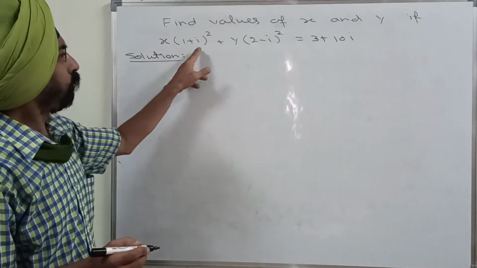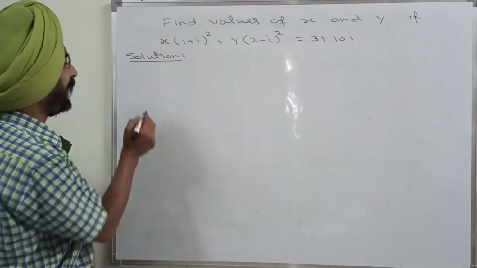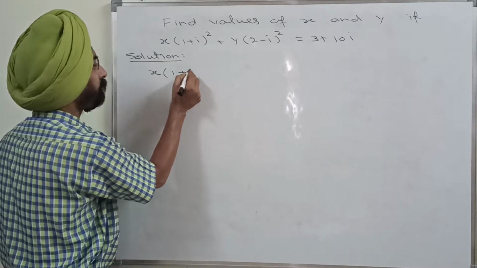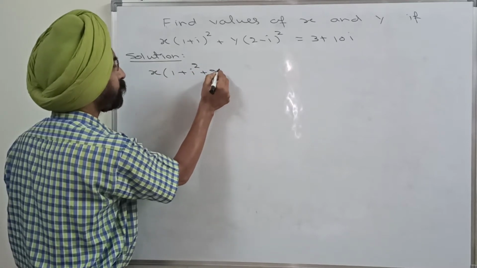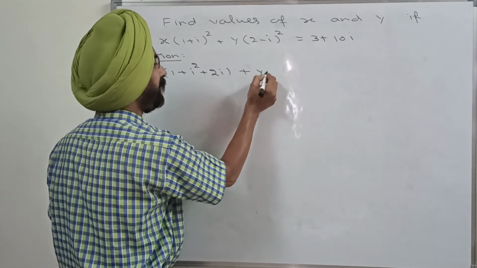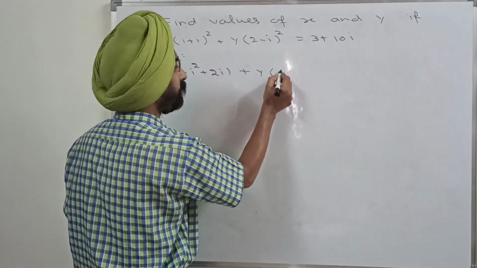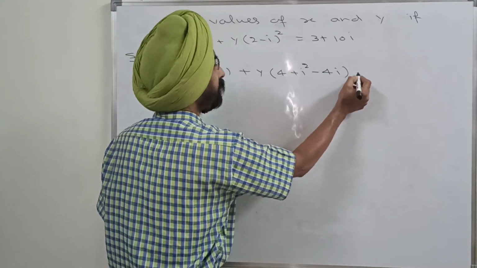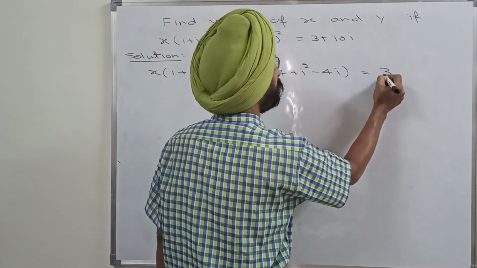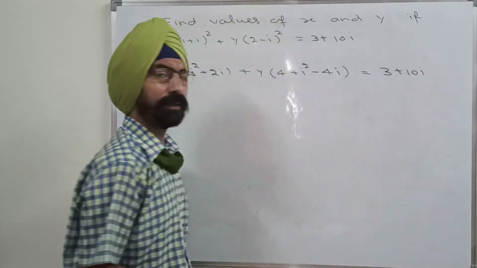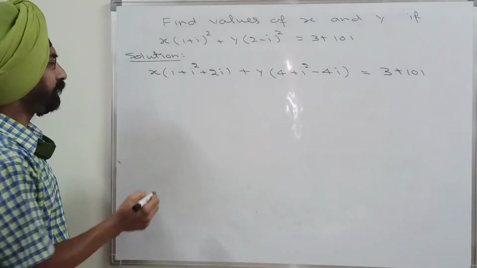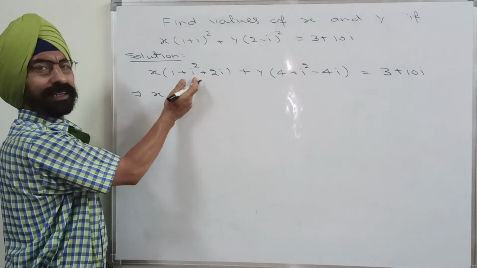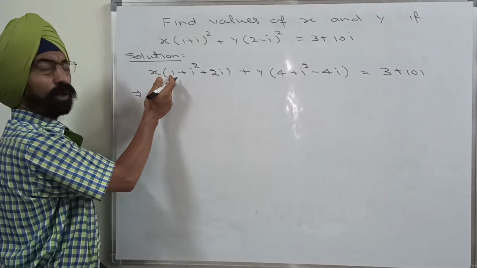So first of all, open these squares. This is x here, and when you open this bracket you will get 1 plus iota square plus 2 iota, plus y into, open this square, 4 plus iota square minus 4 iota. On the right hand side you are having 3 plus 10 iota. Now simplify further. x into iota square assumes the value minus 1, and here you are having plus 1.